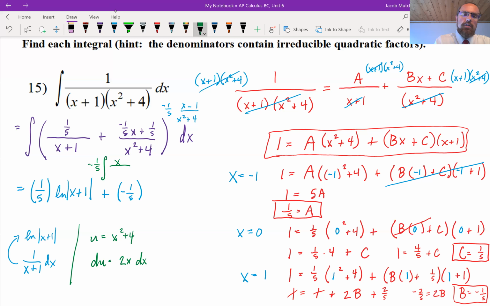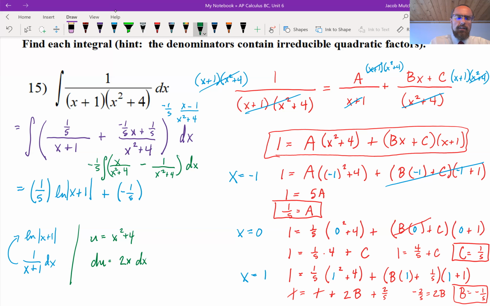So it's going to be x over x squared plus 4 minus 1 over x squared plus 4 dx. So I do have to do one final rewrite here to evaluate this second fraction that we wrote, the one that's bx plus c over x squared plus 4.